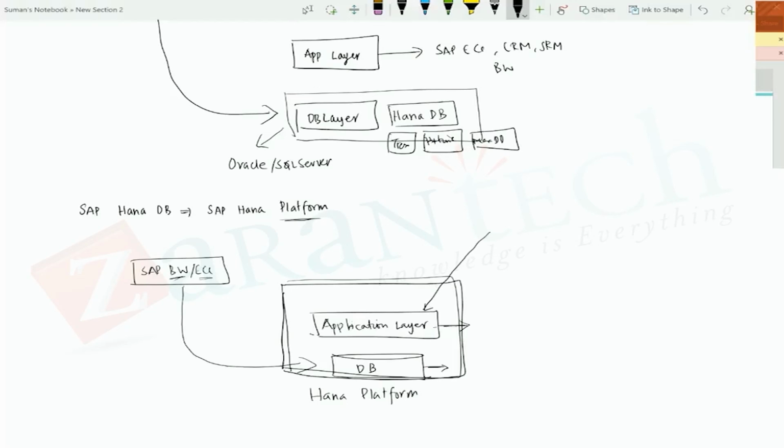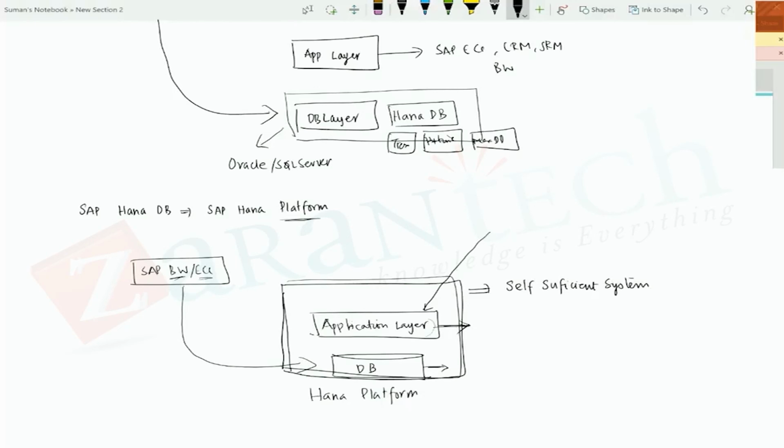Again, I will stop at that information right now because I don't want to get into the details yet to confuse you. We will talk about this in detail, but the idea I'm trying to give here is the HANA platform. The reason why HANA's terminology got recoined is it brought in the application layer capability also. So SAP HANA became a self-sufficient system.